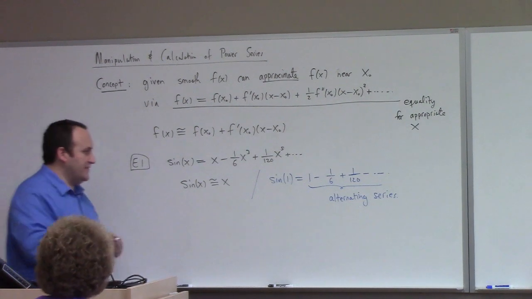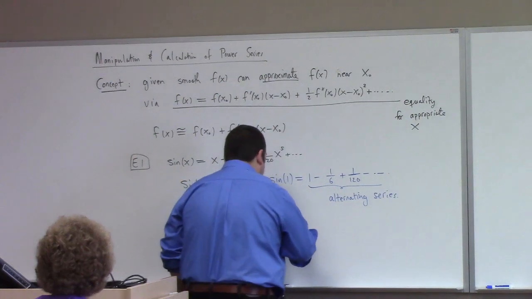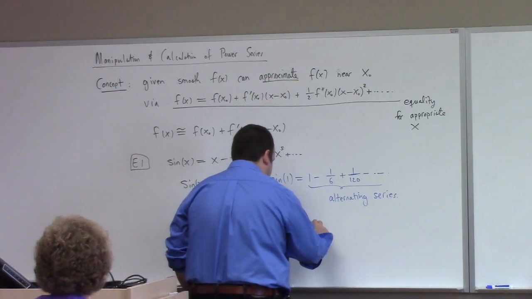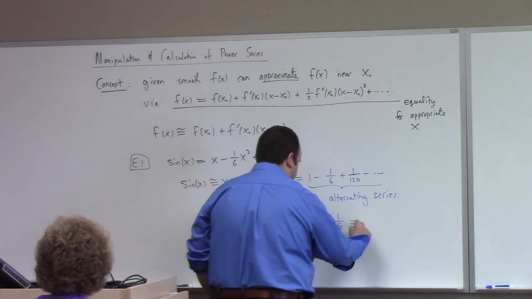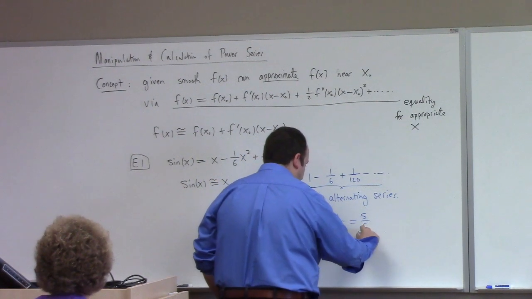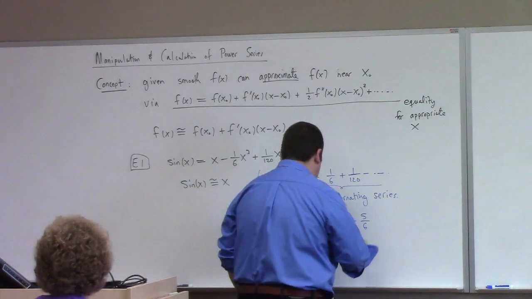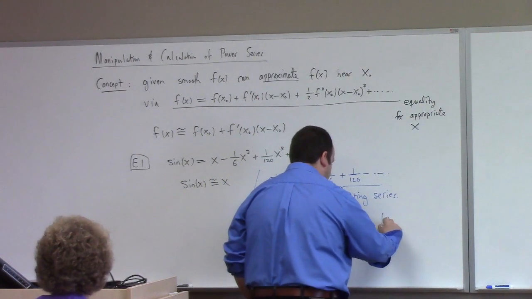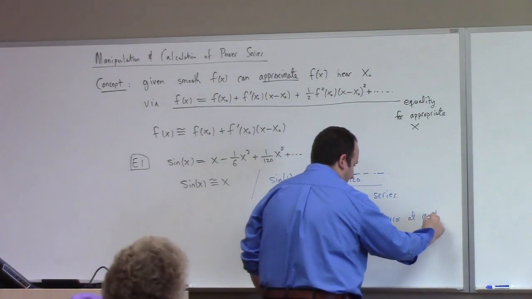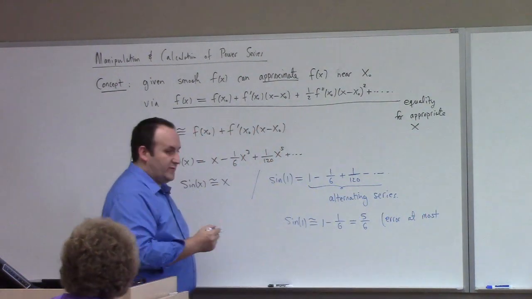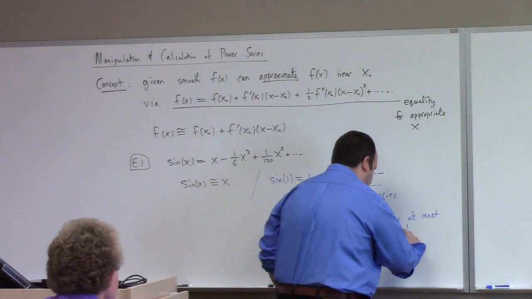For example, what if I just keep sine of 1 is approximately 1 minus 1/6? Well, that's 5/6, right? So the error is at most what? 1 over 120, right? That's the alternating series estimation theorem.